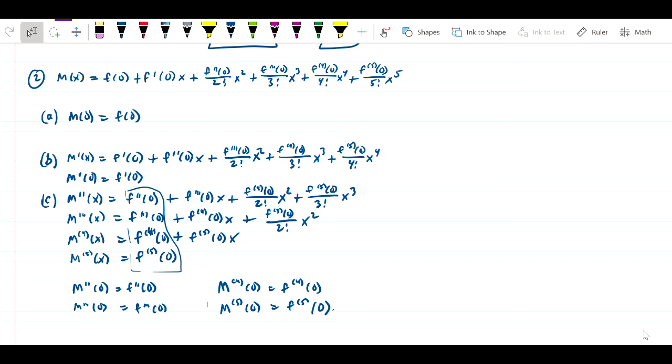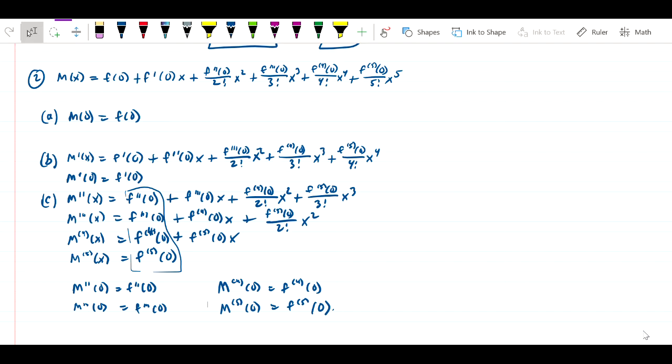Just understanding that the function and its derivatives all have the same value at x equals 0 is good enough. But if you wanted to describe it qualitatively, what you'd say is that the function m and the function f at x equals 0 have the same value, slope, concavity, jerk, snap, and crackle.